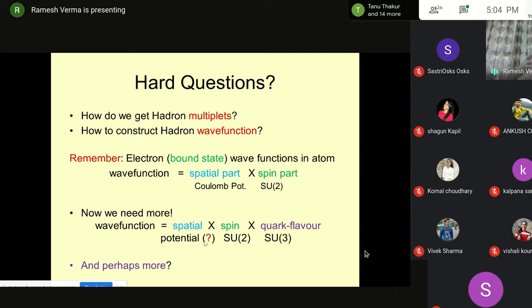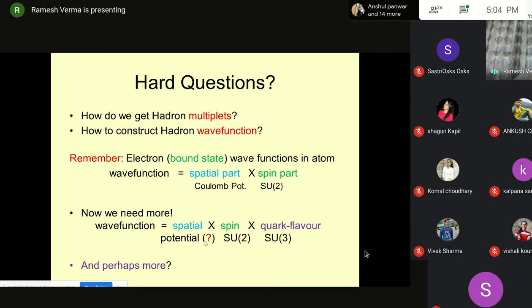We don't know the potential which is controlling the binding of quarks and antiquarks. So what we can do is build models. That is why we call it the quark model. In that model, we assume various kinds of potentials and try to play with them.